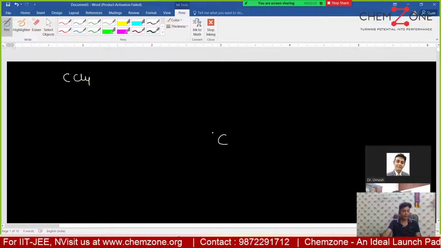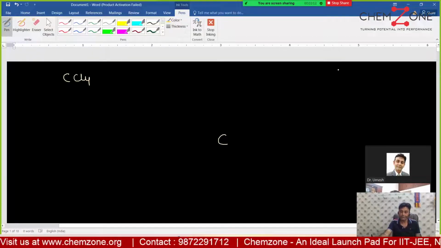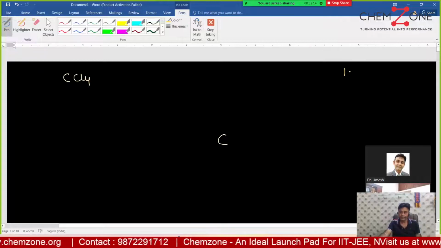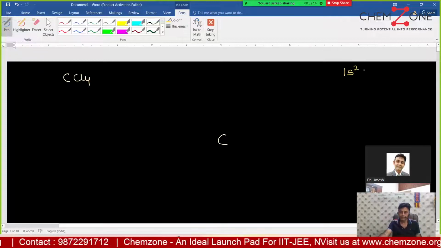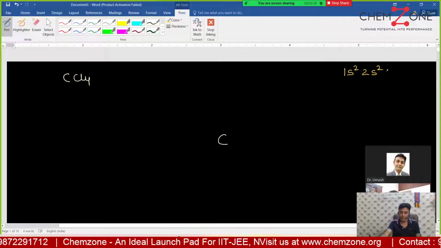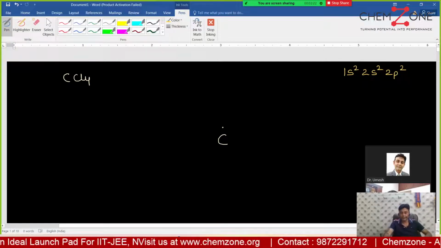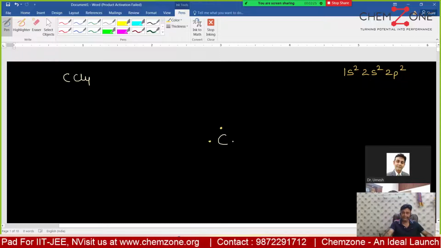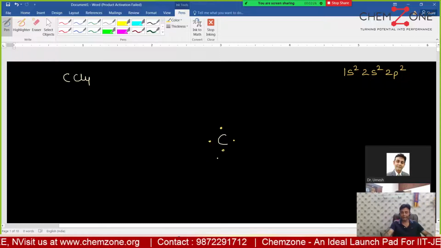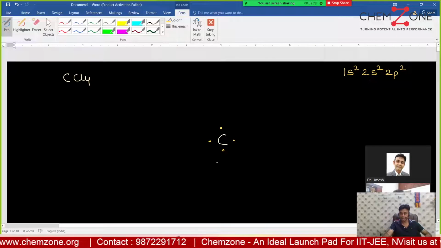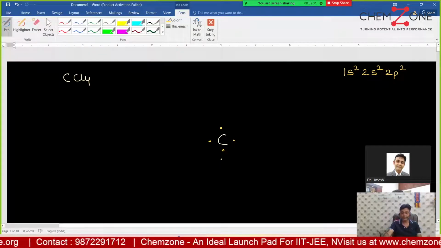What is the electronic configuration of carbon? It's 1s2, 2s2, 2p2. So what is the valency of this carbon? 4. I'm showing it by these 4 dots. We call it Lewis dot structure.